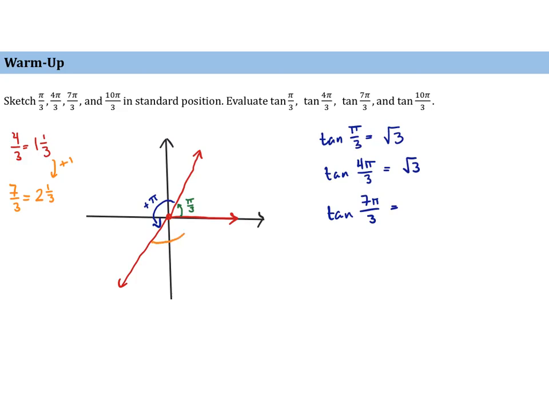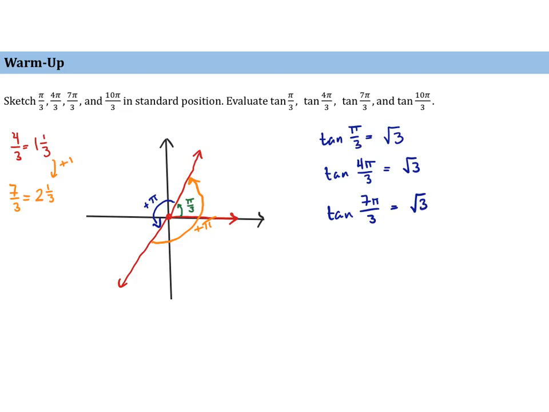So add 1 pi, and we obtain an angle in the first quadrant that has the same reference angle, and so therefore we have the square root of 3.